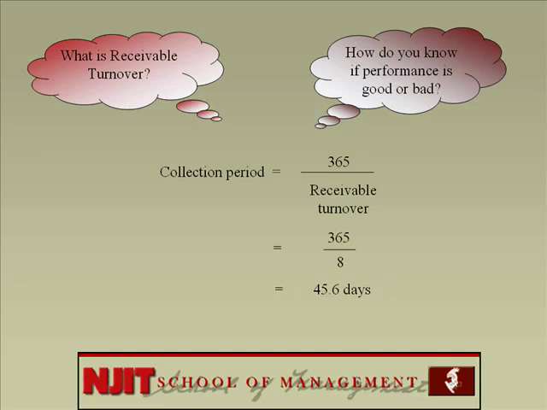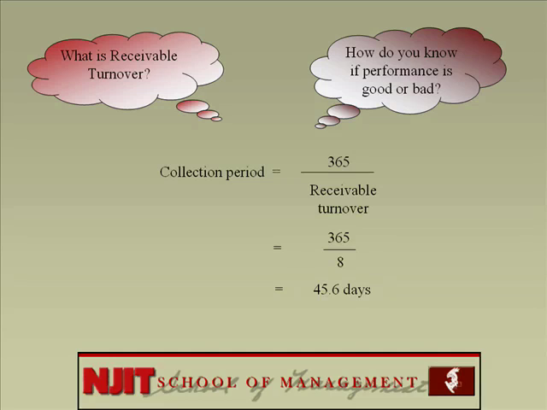Is that good or bad? Don't know. If you're the boss and you want to find out if your receivable managers are doing a good job, or if your company is doing a good job with respect to getting cash from your customers, what you do is you compute the collection period and then compare with the credit period granted to customers.